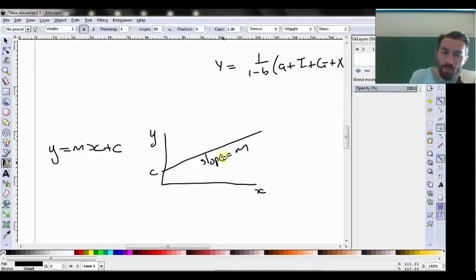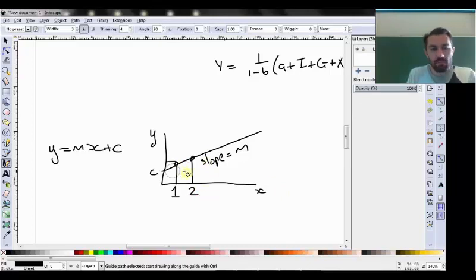What does a slope equal to m mean? It means that if I change my values of x, so if I move from x giving me a value of, say, 1 to x giving me a value of, say, 2, then my value of y when x equals 1 is going to be c plus m, and that's it, right?